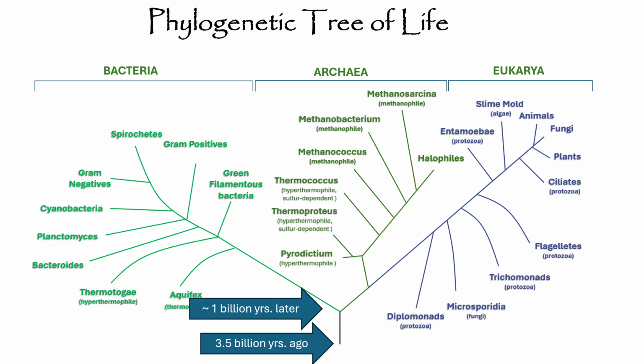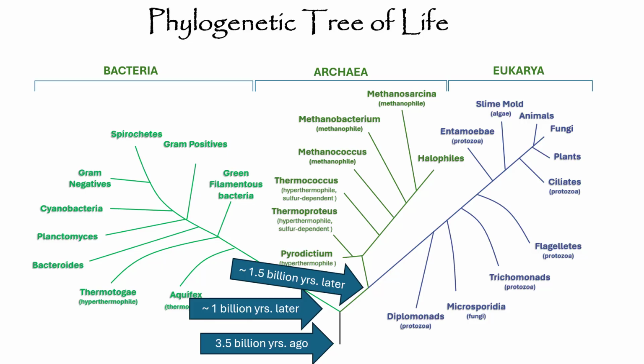Soon after that, about 1 billion years later, it's believed that the prokaryotic lineage split into 2 branches, representing the bacteria and the archaea. About 1.5 billion years after that, the first eukaryotes split apart from the archaea lineage.